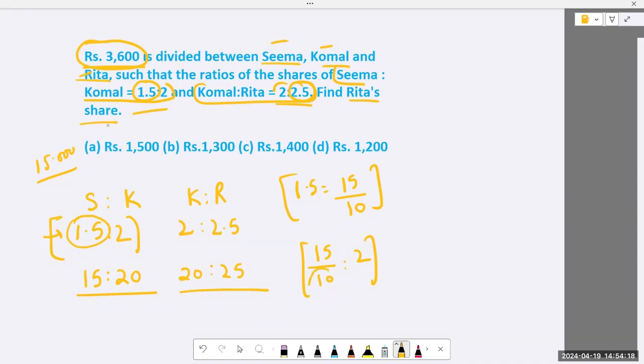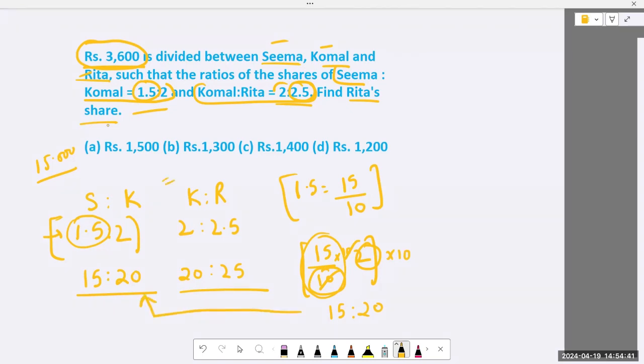But the point here is that here we have a decimal, here we have the denominator 10, which we do not need. So we'll multiply this number by 10, and since we are multiplying this number by 10, we also need to multiply this by 10. So here 10 gets cancelled and we get 15, and here 10 gets multiplied by 2. So we get 20. Hence, this particular thing.